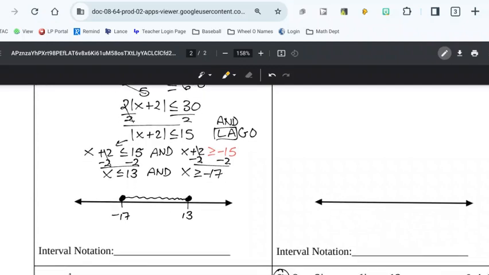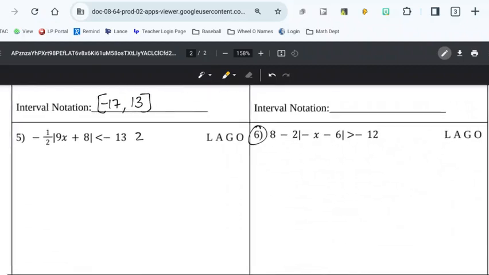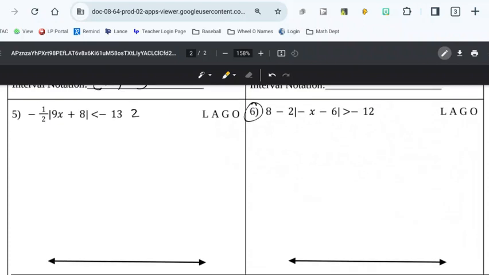Interval notation, we're at negative 17, and it's a closed circle, so we give it a bracket. Then we go 13, it's a closed circle, so we also give it a bracket. Okay, let's jump to number 6. It'll be the last one we do together, and then we'll give you all a chance to work on some on your own.